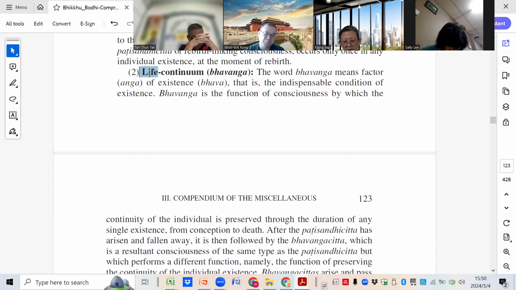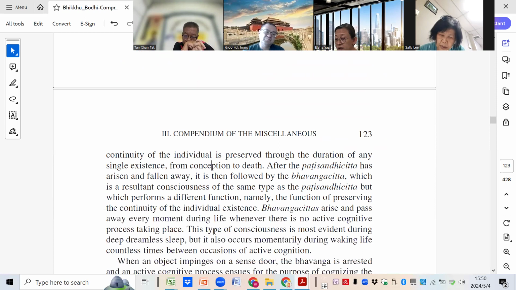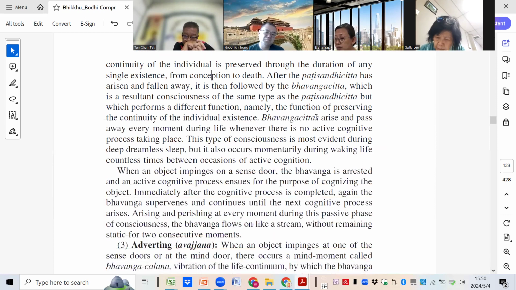Number 2, life continuum, bhavanga. The word bhavanga means factor, anga, of existence, bhava. That is the indispensable condition of existence. Bhavanga is the function of consciousness by which the continuity of the individual is preserved through the duration of any single existence, from conception to death.